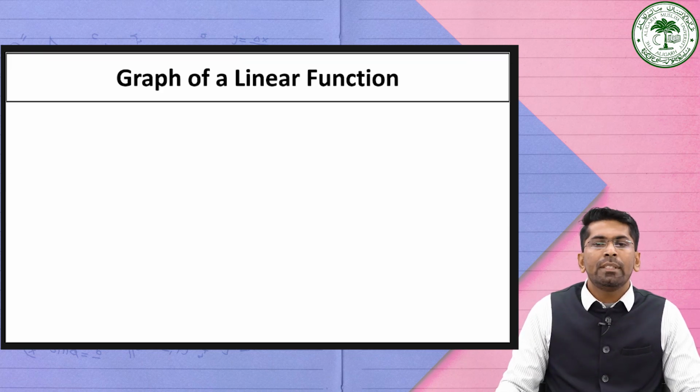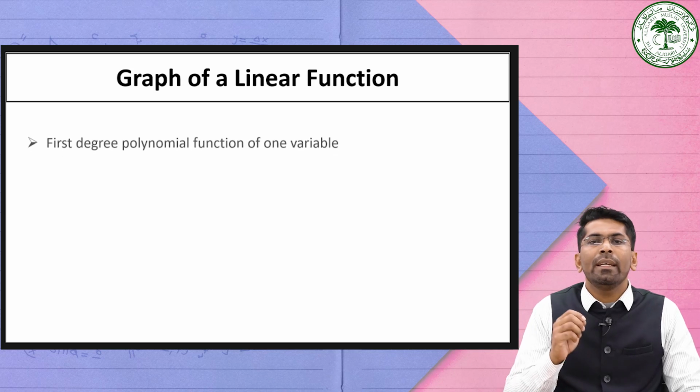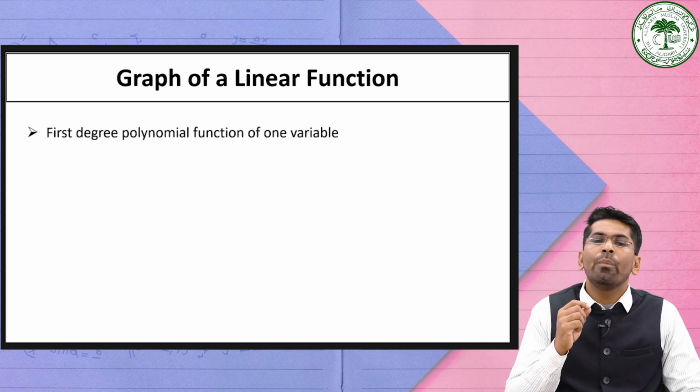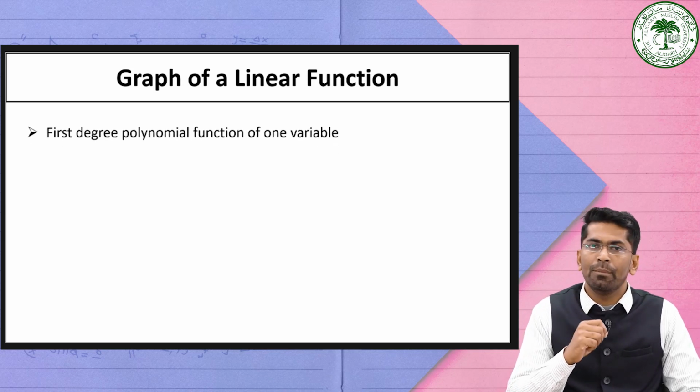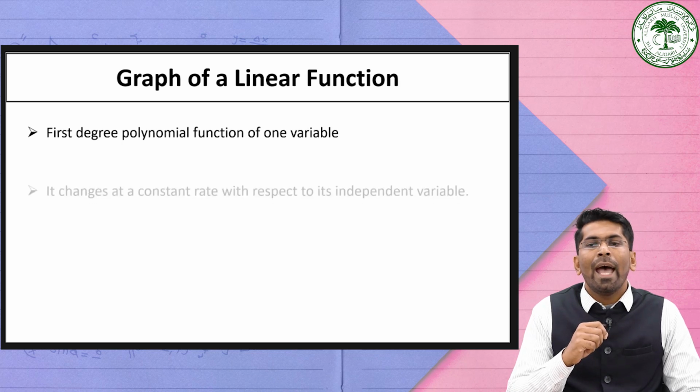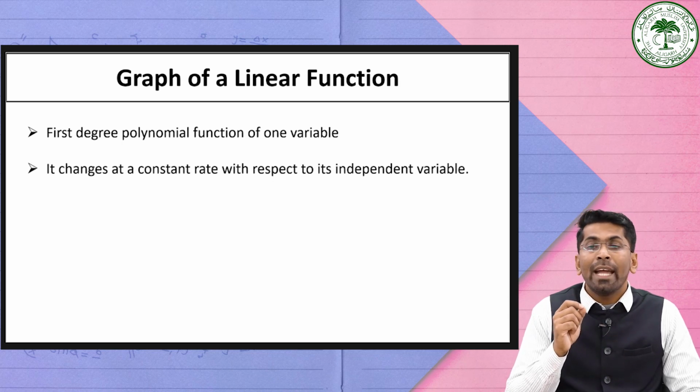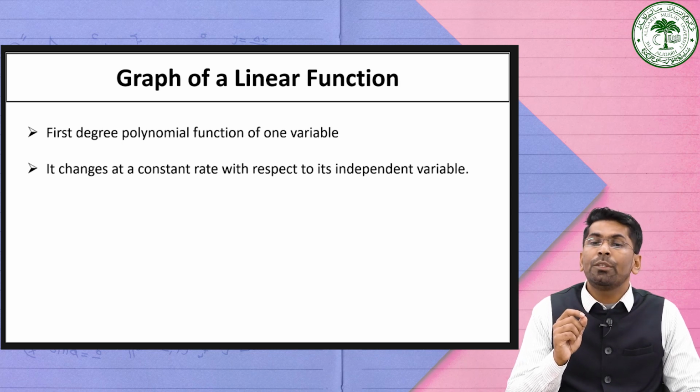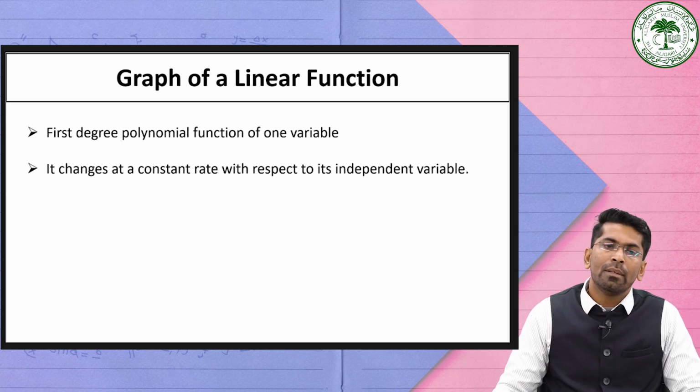A linear function is a first degree polynomial function of one variable. And it is a function that changes at a constant rate with respect to the independent variable.